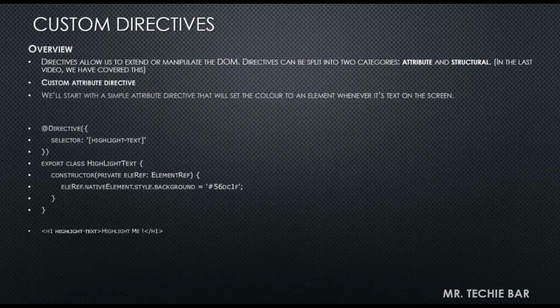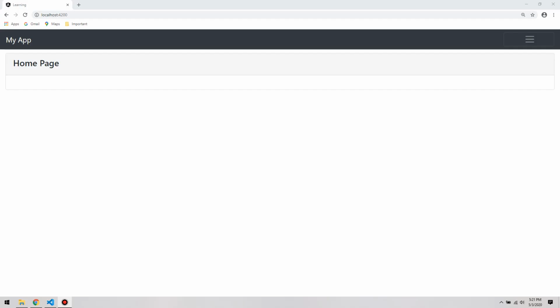With this decorator we have created the custom directive and given the selector name, then we used the ElementRef object from @angular/core and set the background color on the element. And the good thing is we can use the selector in multiple places, so let's understand it better with an example in Angular.